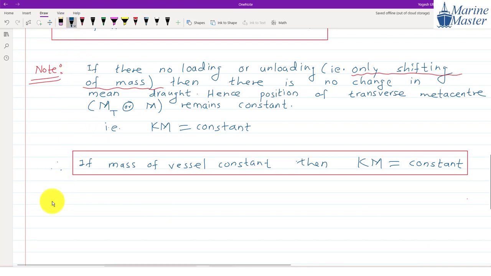So guys, what is the next point we can write? This is the first point we have seen. Make it the first point.